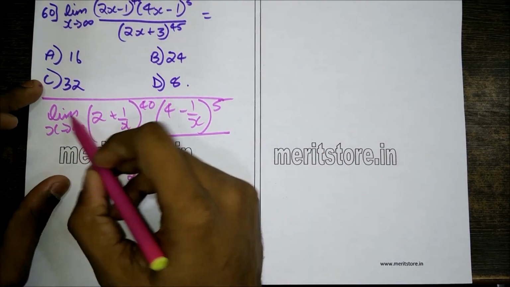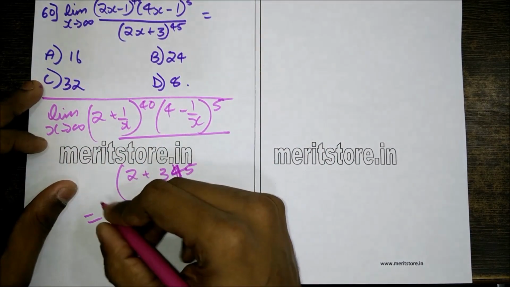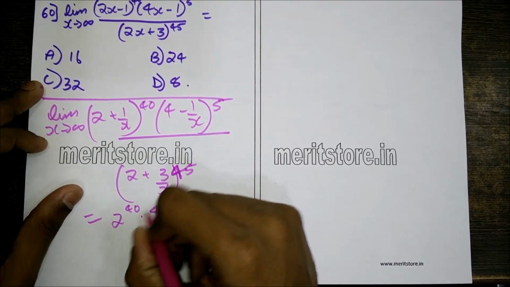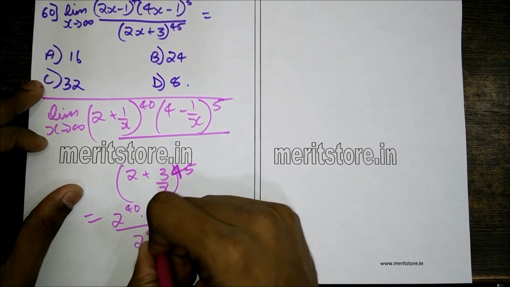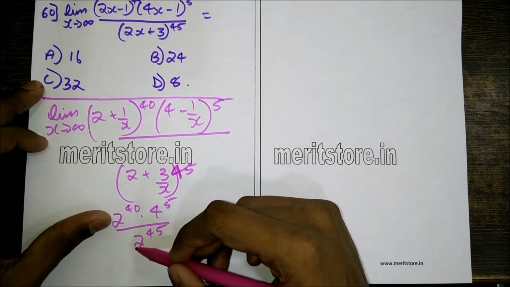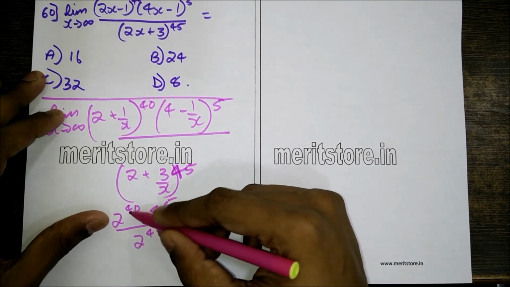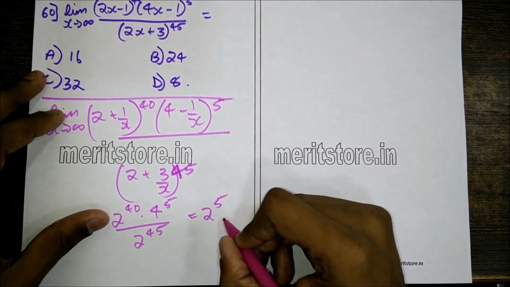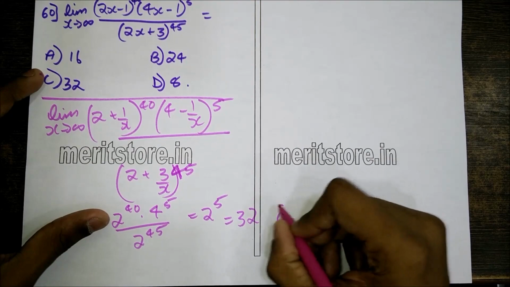So on applying the limit of x tends to infinity on these terms, we get 2 raised to 40 into 4 raised to 5 upon 2 raised to 45. So we know these terms can cancel out each other, leaving us with 2 raised to 5, that is 32. Option C.